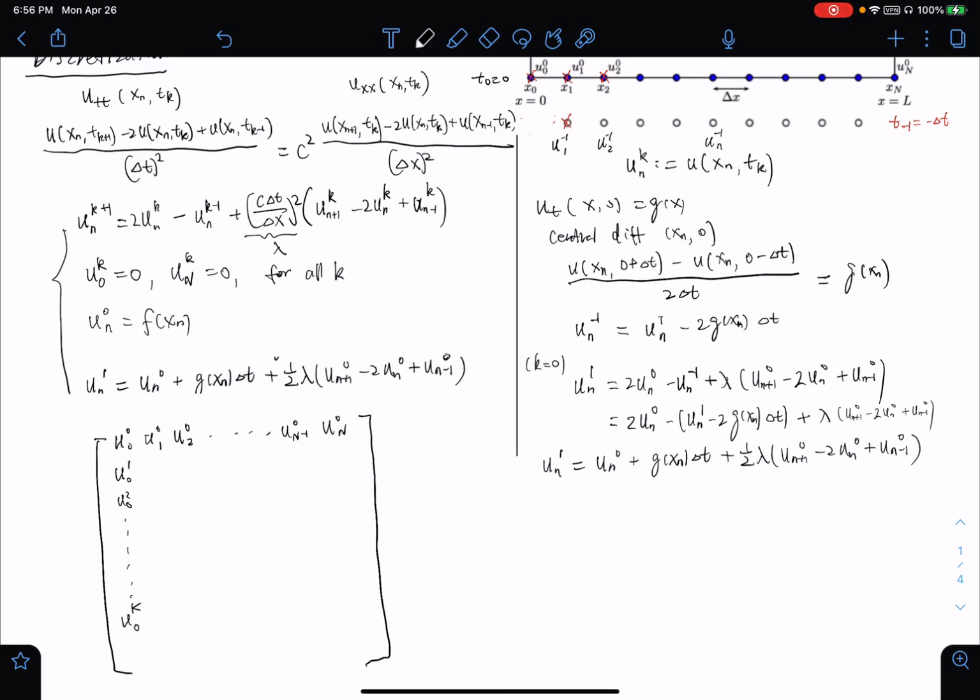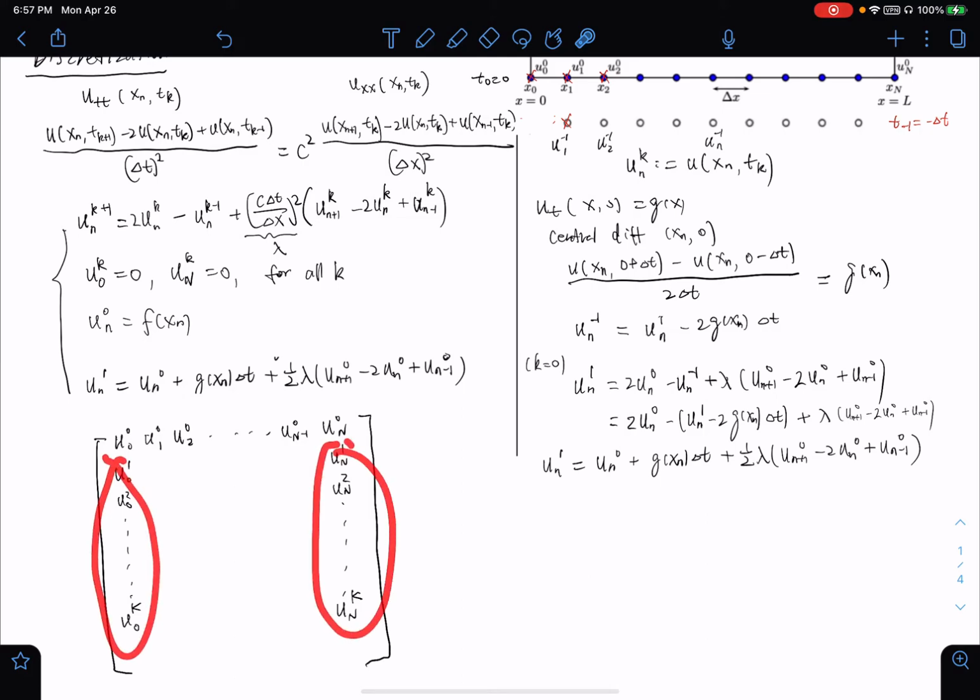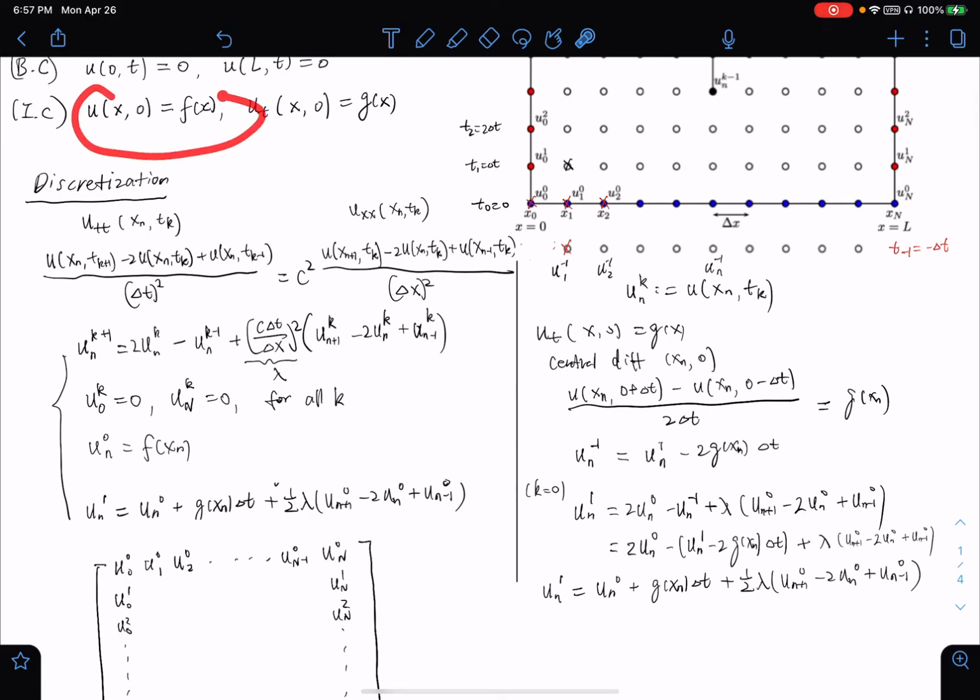Similar for the right boundary point, u_n at time step 1, u_n at time step 2, all the way to u_n at time step capital K. These values are determined by the boundary condition. These values are determined by the initial condition, related to this one, right?